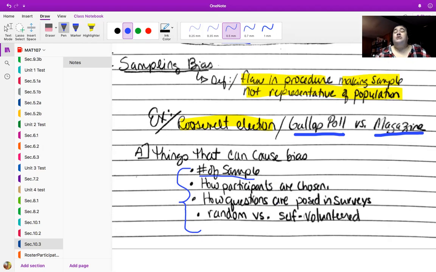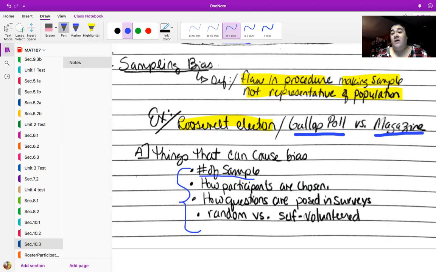You want to be able to choose people or participants in your surveys or in your polls randomly. As you saw in the example of the Roosevelt election, if you don't choose them randomly, if you choose them based on something that particularly could make it biased so that you're not getting a representative sample, it can skew your results.